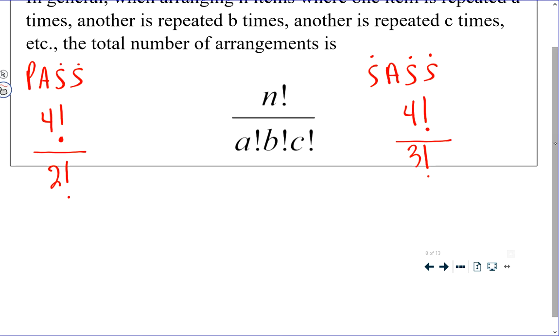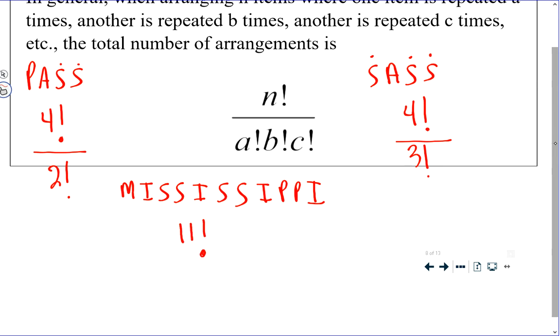And it doesn't matter how many different things are repeating. To illustrate, if I take the word Mississippi, and I ask you how many different arrangements are there of all of the letters of the word Mississippi, we would take, I believe it's 11 factorial.